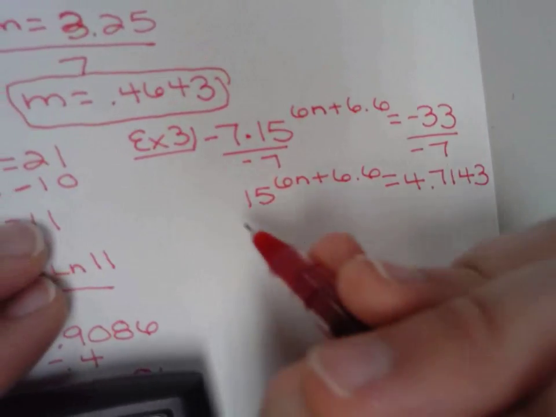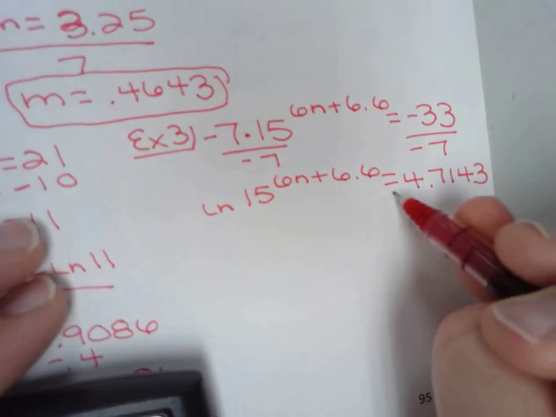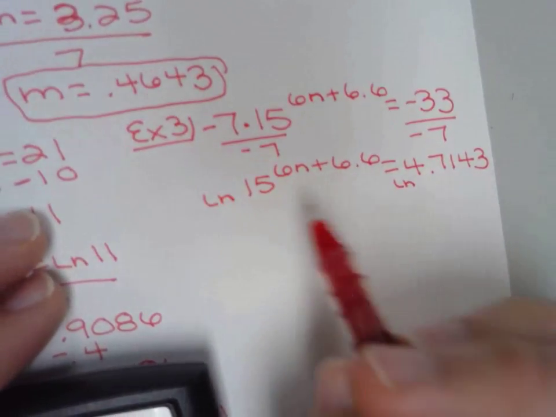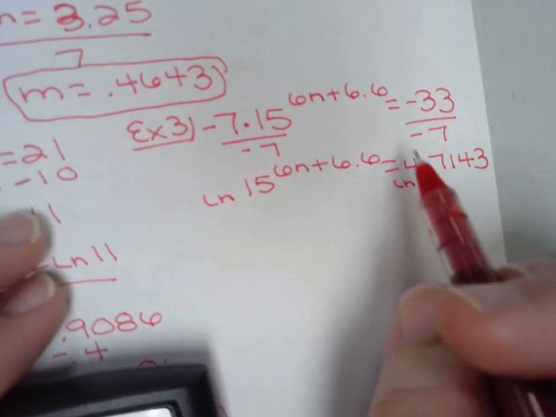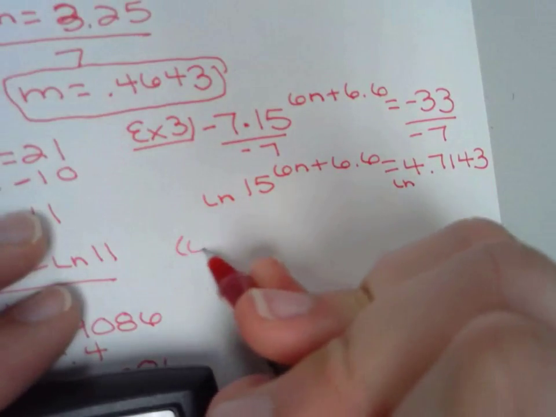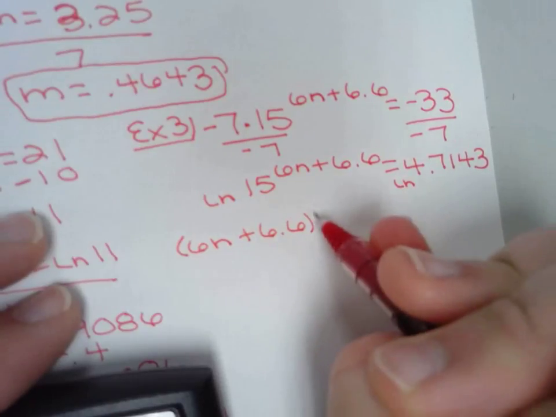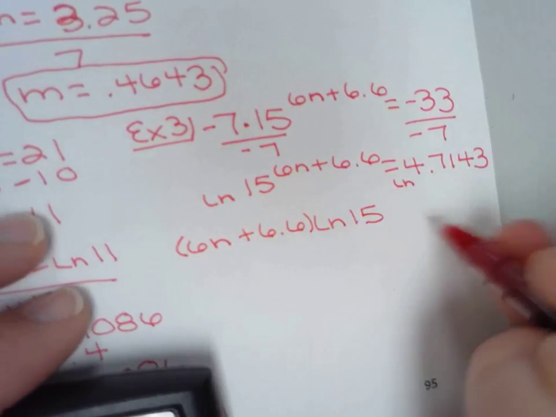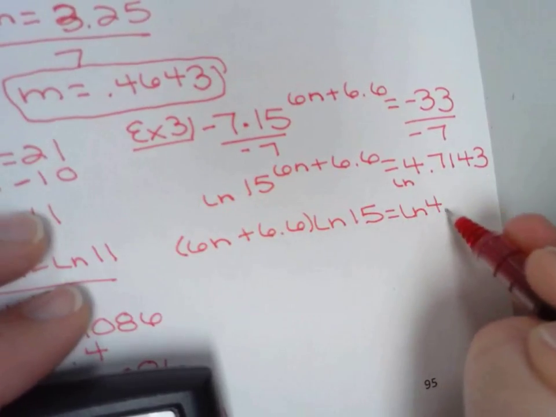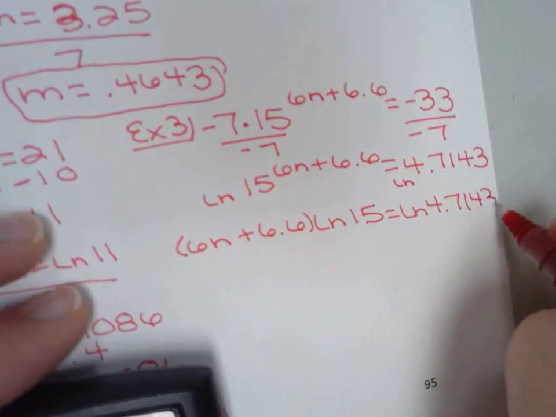So if I take the ln of both sides, that exponent part comes out front. That's one of the properties of logs. So 6n plus 6.6 times ln of 15 equals ln of 4.7143.